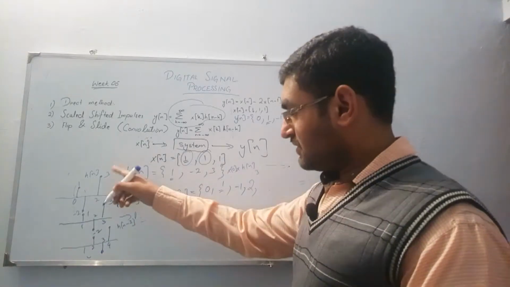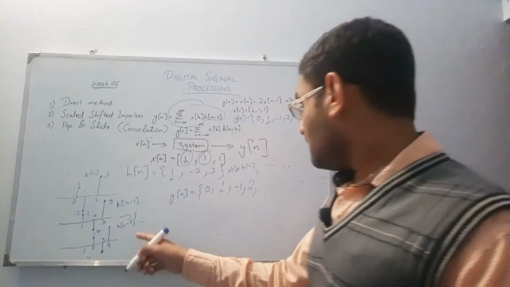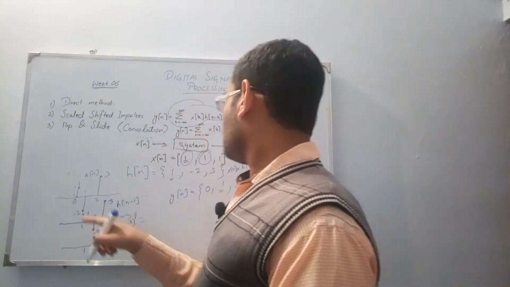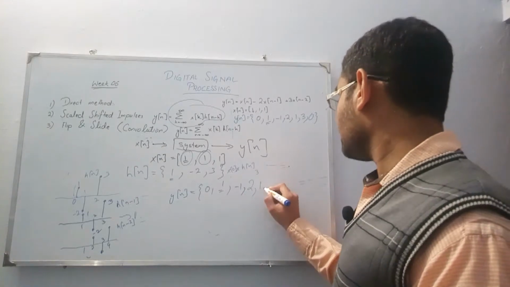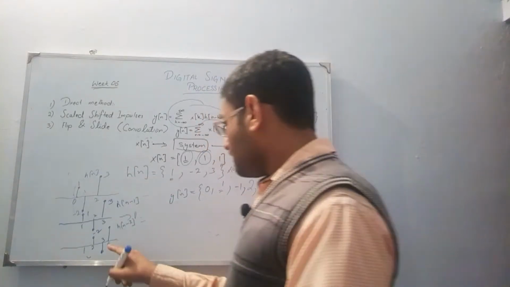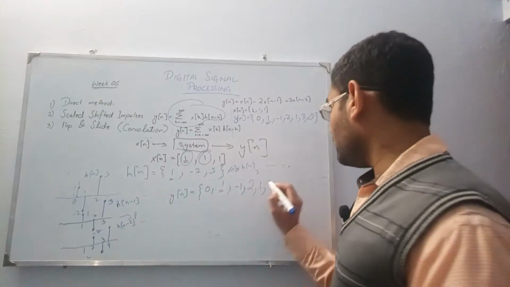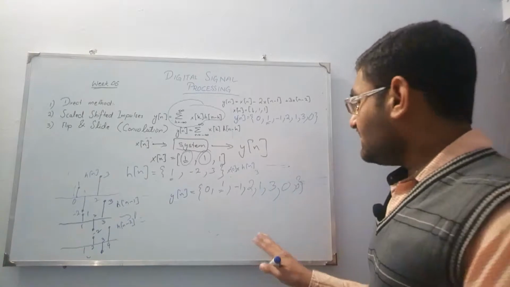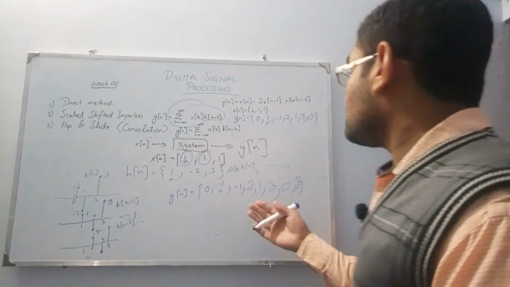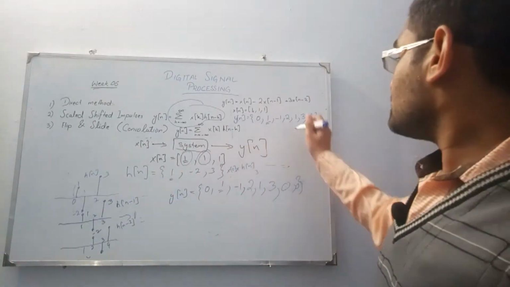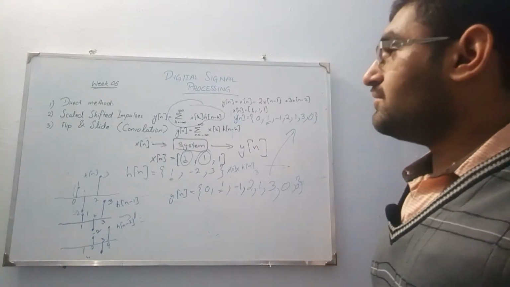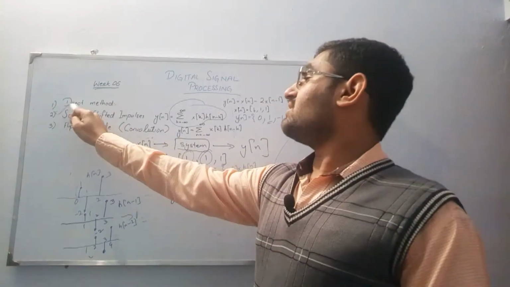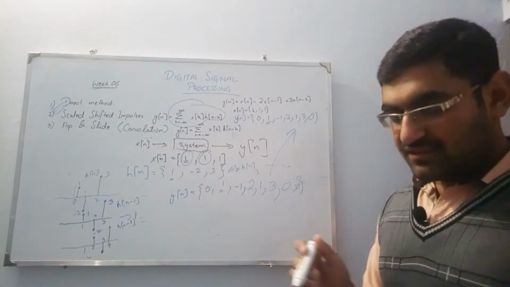Then at the third index, minus 2 plus 3, 1. At n equal to 4, it is 3, then 0, 0. So you can see that this output of the system is similar to the previous one, which is obtained from the direct method. So we can use this method also to find the output of the system.